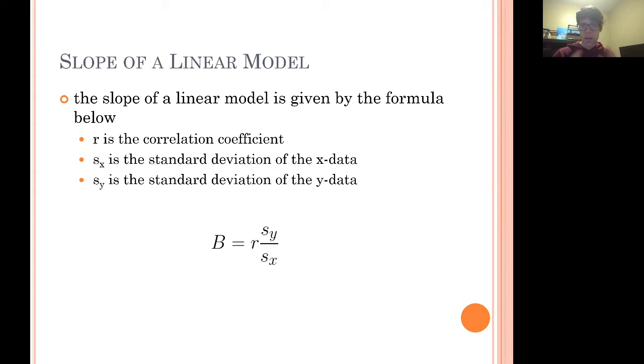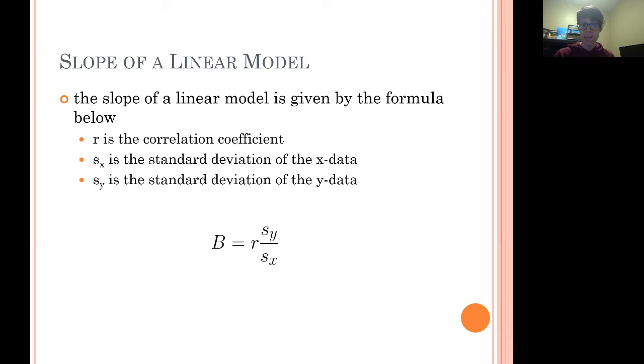If you want to calculate some stuff by hand, I can calculate the slope of the linear model using the following formula, taking the correlation coefficient, which we'll talk about in a minute, which is R, and multiplying it by this fraction. Sy represents the standard deviation of the y data, and Sx represents the standard deviation of the x data.